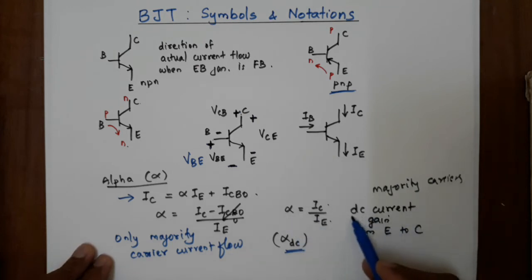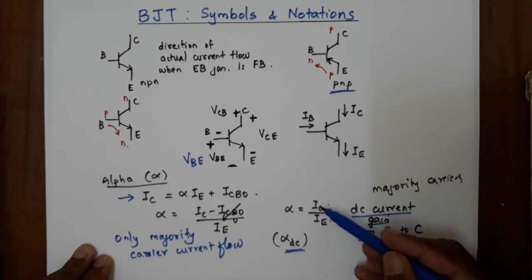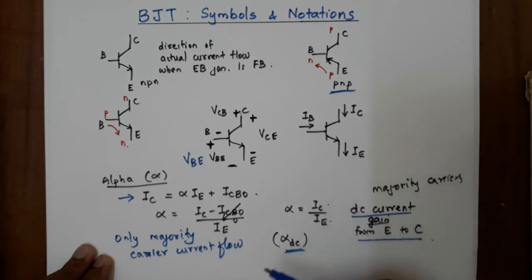Alpha has another name, DC current gain from emitter to collector. It is a ratio of two currents, so it is a current gain. Output is the collector terminal and input is the emitter terminal. Emitter to collector, what is the gain that you will see in the current?